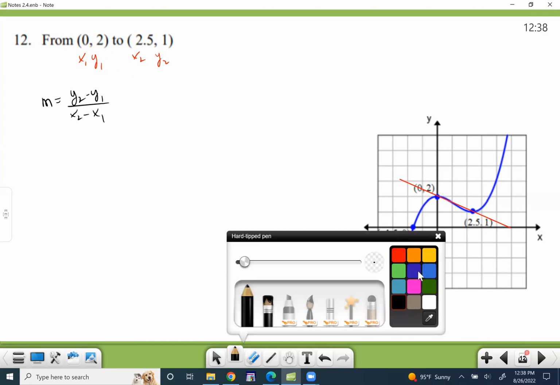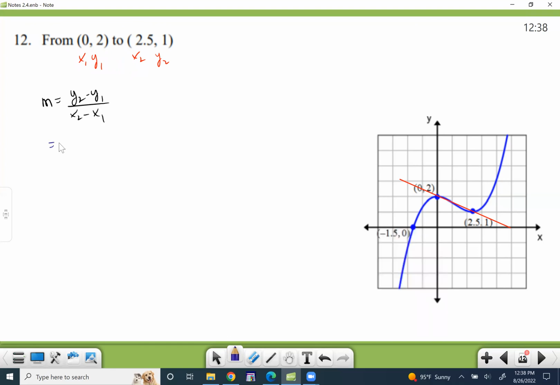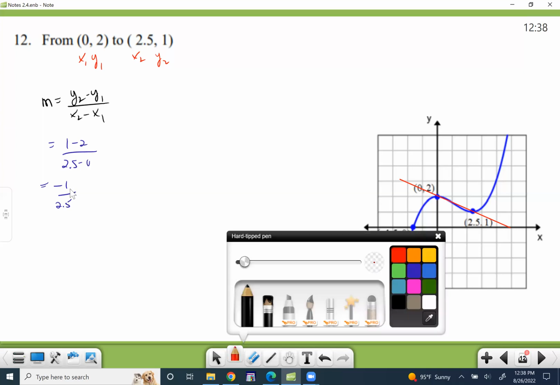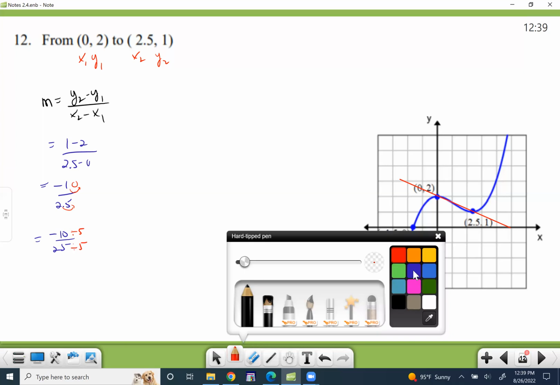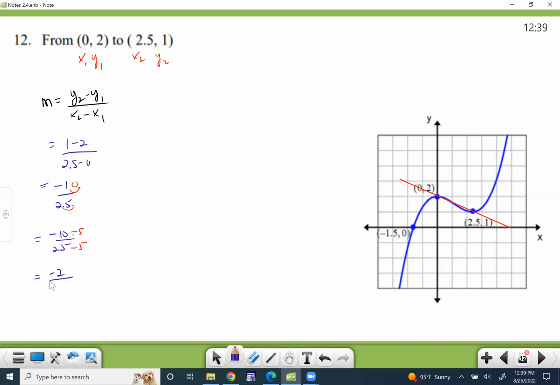Let's substitute it. 1 minus 2 is -1. 2.5 take away 0 is 2.5. So I'm going to move the decimals again, you guys. So I'm going to move it once and once. This is going to give me -10 over 25. And I'm going to divide by 5s to everybody. So 10 divided by 5 is 2. And 25 divided by 5 is 5. It is negative, -0.4. Okay.